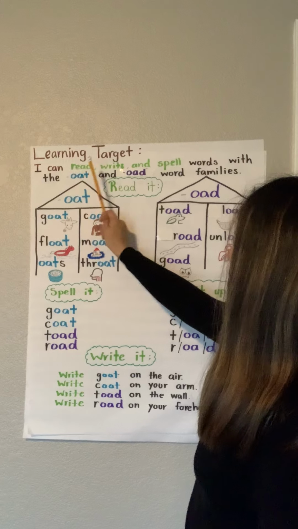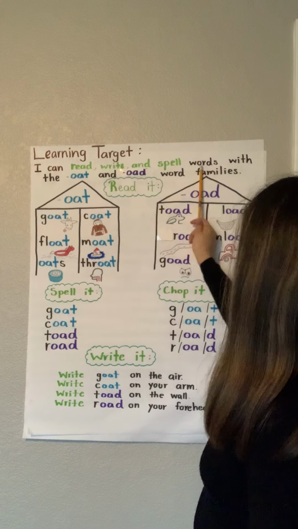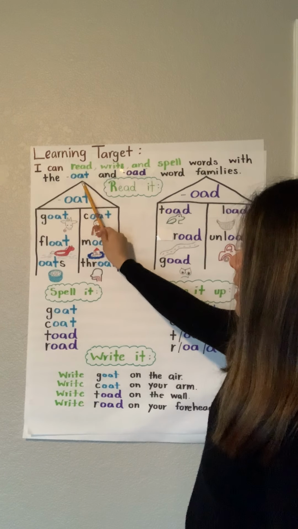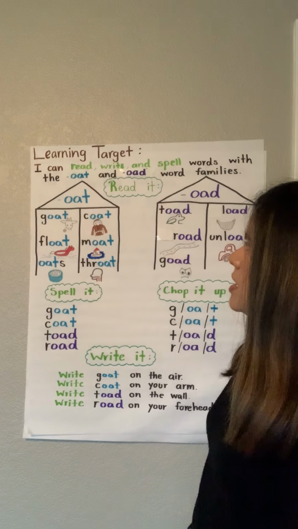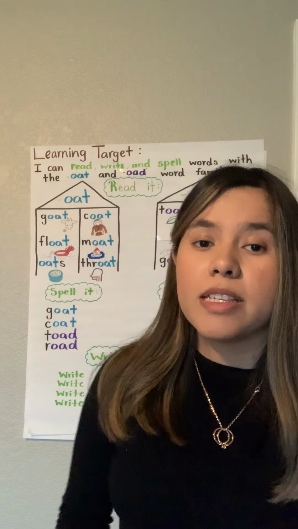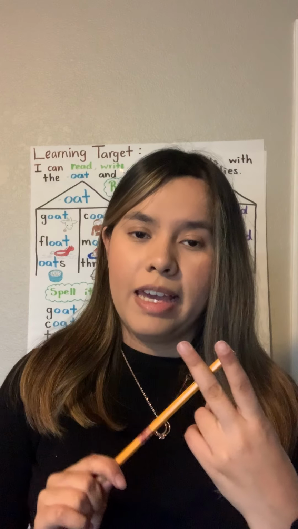I can read, write, and spell words with the OAT and OAD word families. So the word families we're going to be focusing on today, boys and girls, they both have OA. But the first one has OAD and the second one has OAT.